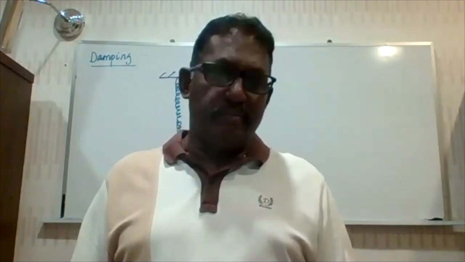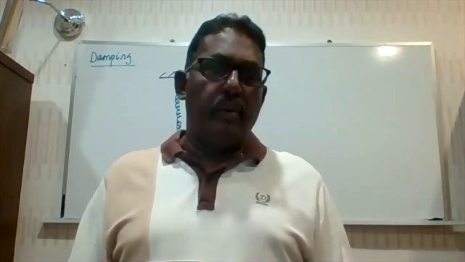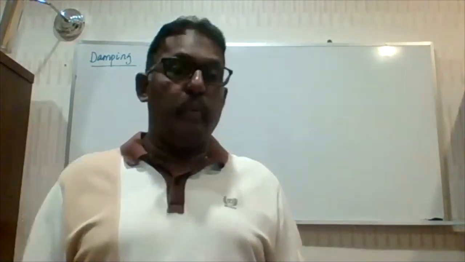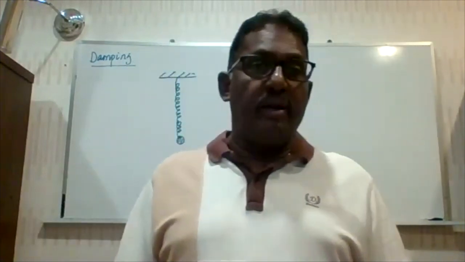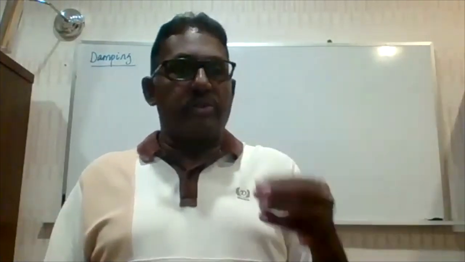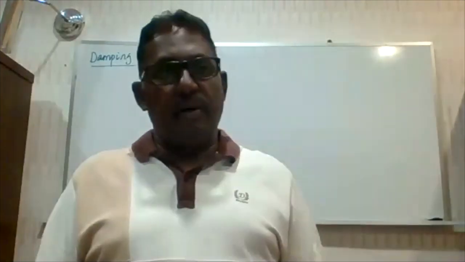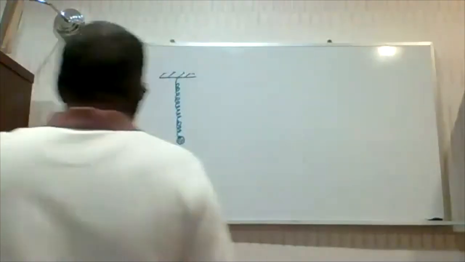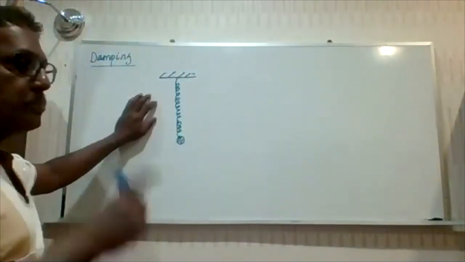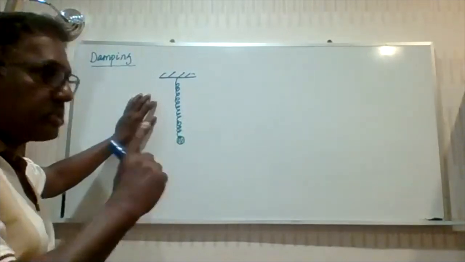By doing work. So always remember, when work is done against a resistive force, I've introduced the concept of resistive force before, that is a pathway for loss of energy. That means work done against a resistive force acts as a path for energy to be lost from a system. So our conclusion should be, as the system is oscillating, this system must be doing work against a resistive force.